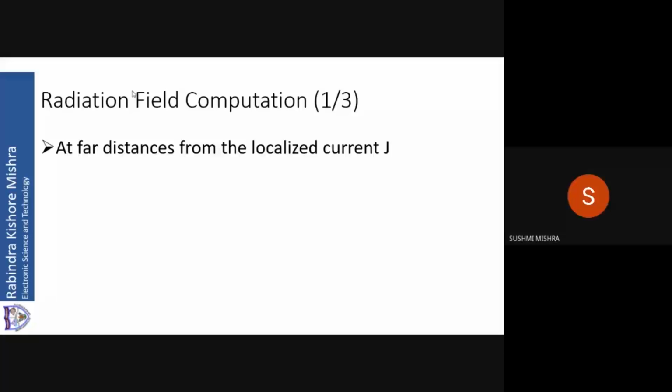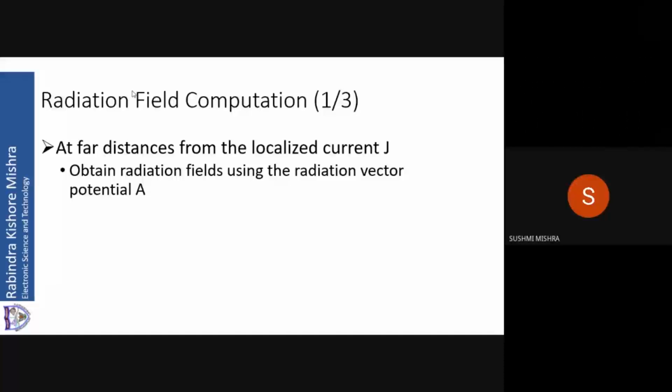Now let us come to the important part of computing the radiation field. We are considering a localized current J, which is at a far distance from the observation point. At that far distance from the localized current J, we will obtain radiation fields using the radiation vector potential A. How will we find this?